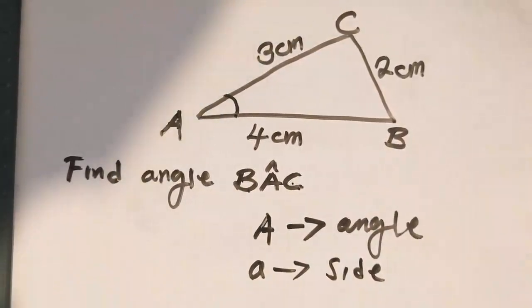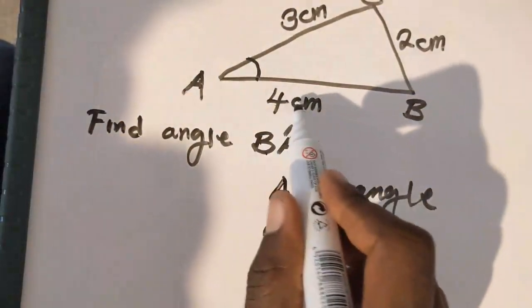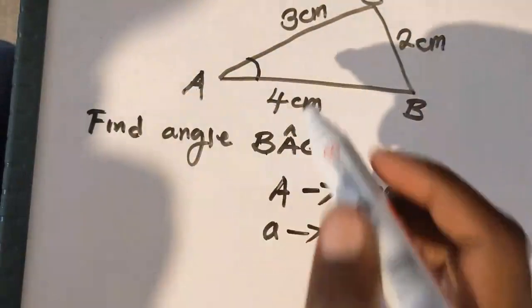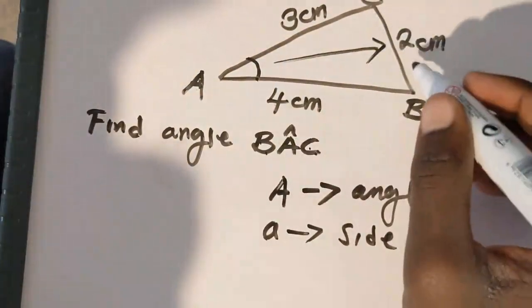Here, capital letter A has the small letter a, which is actually this side here.